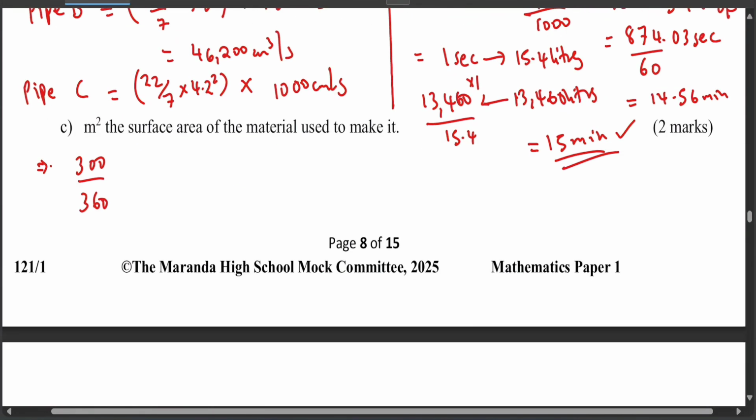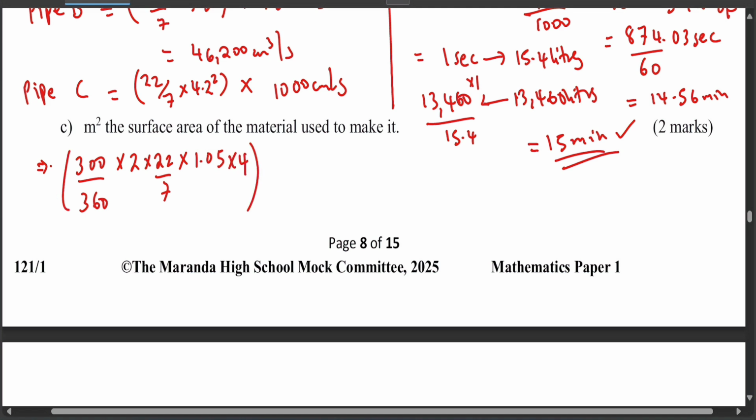So 300 over 360, remember, area of curved surface given by pi dh, or theta over 360 2 pi r. So 300 over 360 times 2 times 22 over 7 times radius, kwa sababu ni 2 pi r, radius yako ni 1.05 times your height.